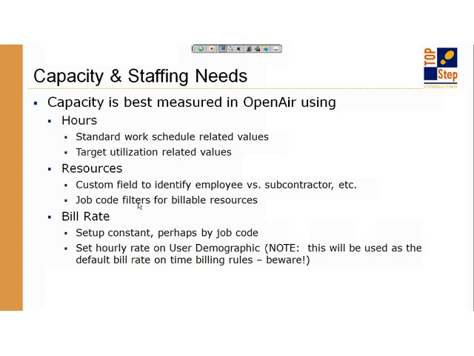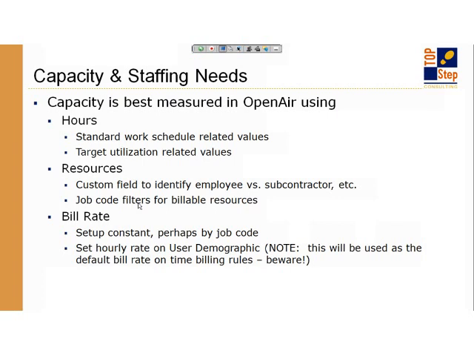The other option that does come with a beware statement is using the hourly rate field on the user record. Okay? The hourly rate field sometimes is mistaken for a cost rate, but it's actually the field that's on the demographic form called hourly rate. And you can actually enter the standard value there per person so that you can run reports multiplying by this hourly rate into custom calculations.